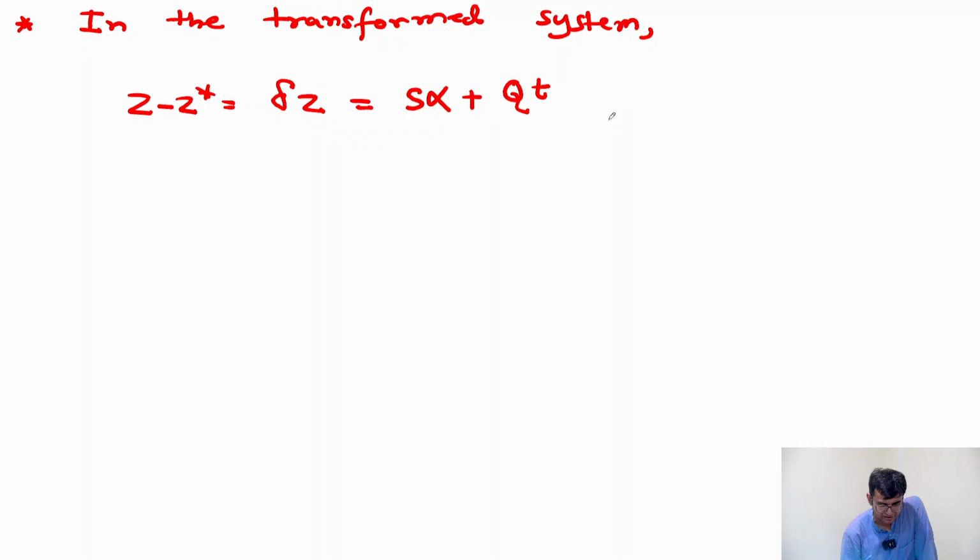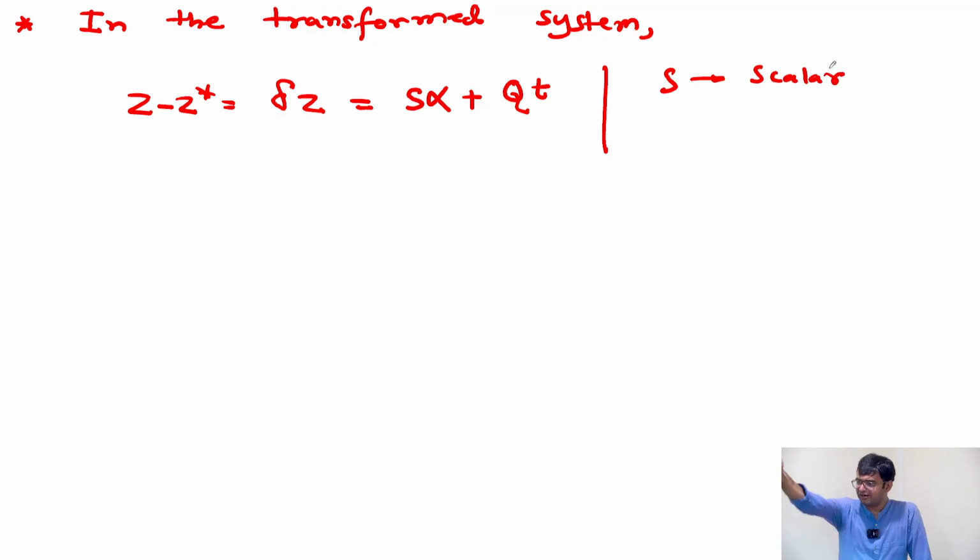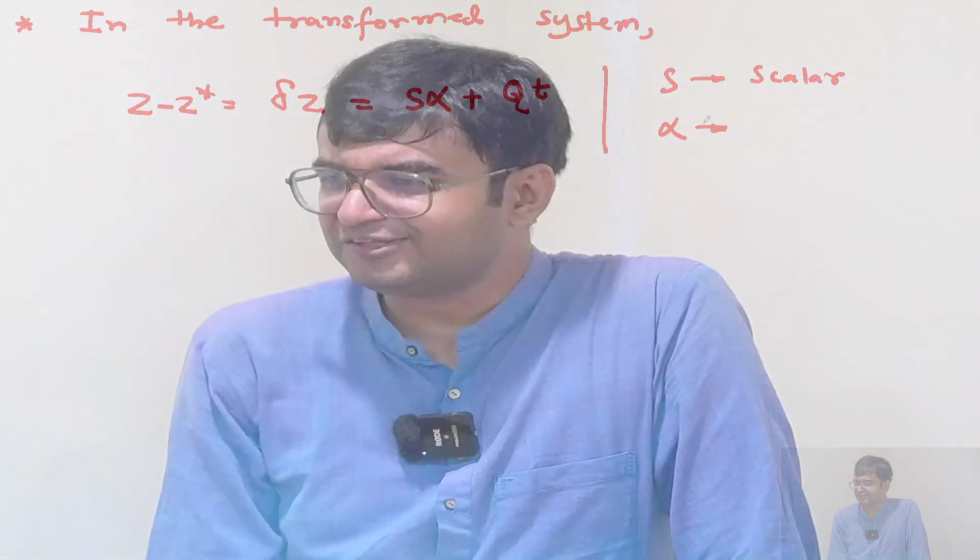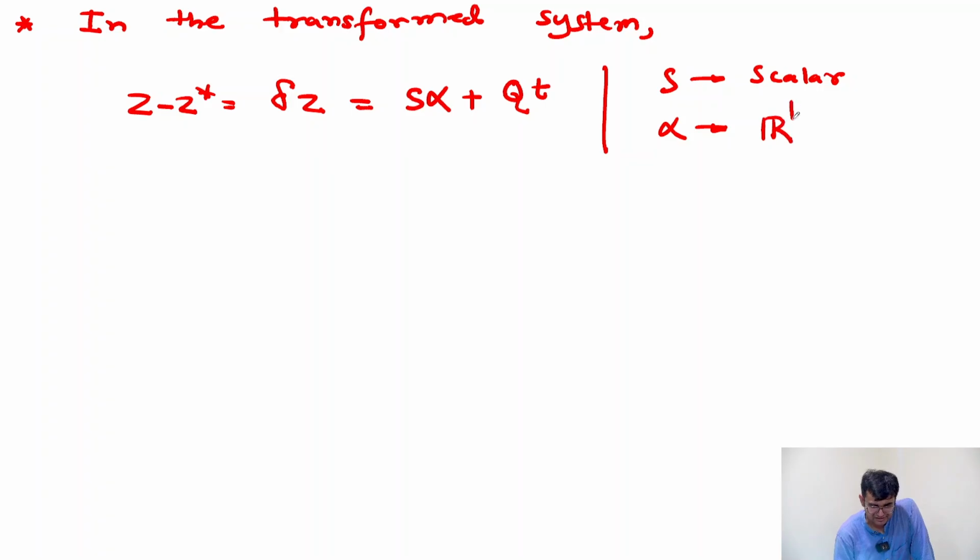So the dimension of alpha, let me write it here. S is basically a scalar because it's a magnitude, a single magnitude in the alpha direction. T, I'll write later. Alpha is a unit vector, so the dimension will be k cross 1. So I'll write R^K, capital K. Q is k minus 1 unit vectors, right?